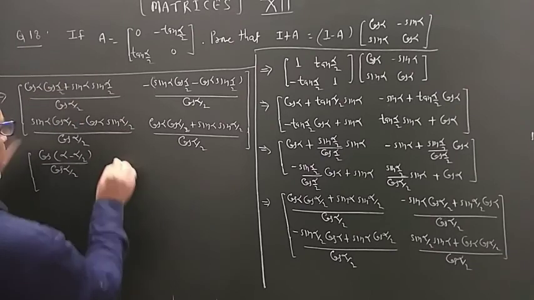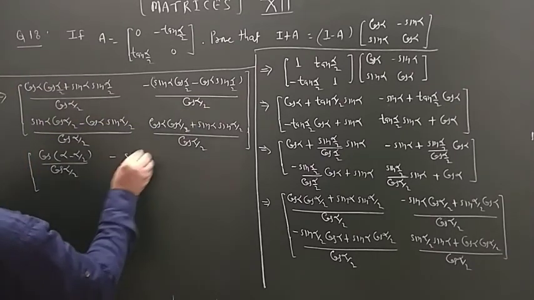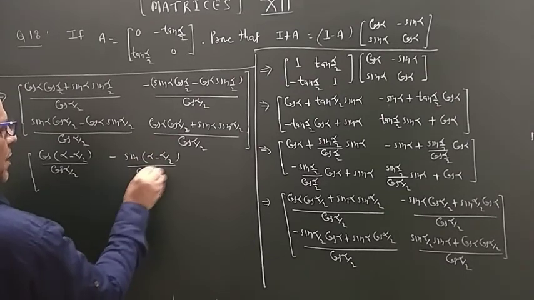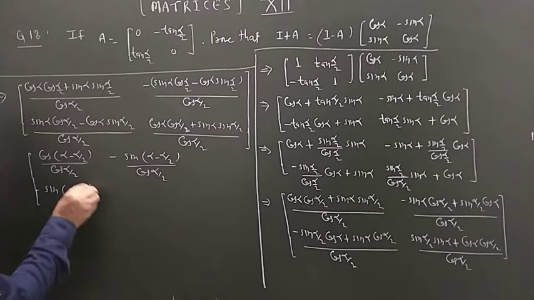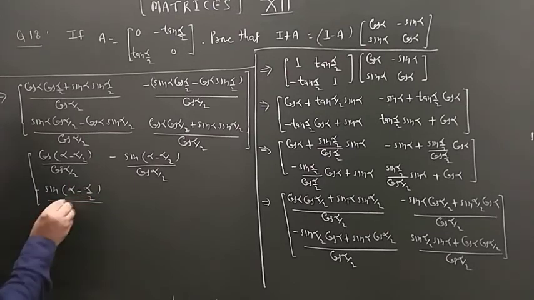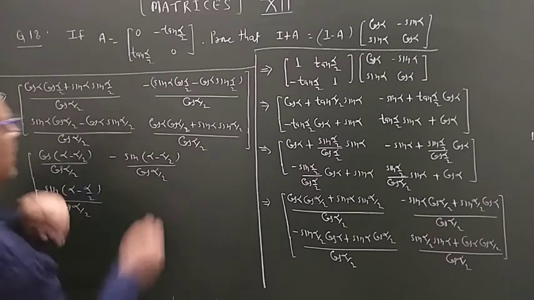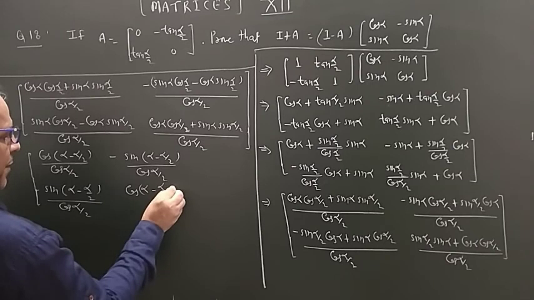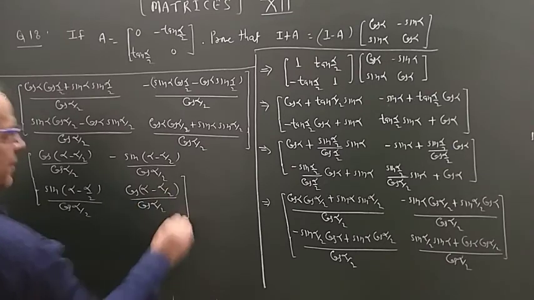Here minus is common. Sin A cos B minus cos A sin B becomes sin of A minus B. That means sin of alpha minus alpha by 2 upon cos alpha by 2, and there cos of alpha minus alpha by 2 upon cos alpha by 2.